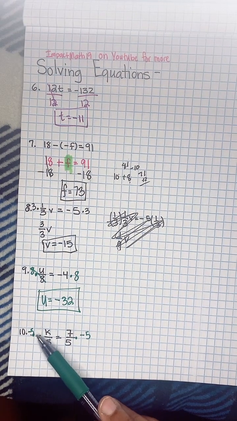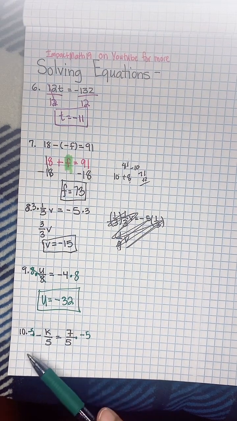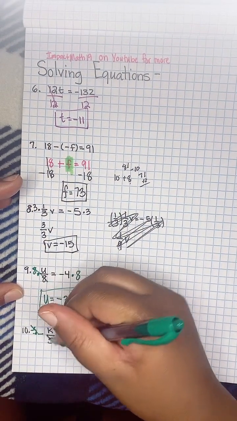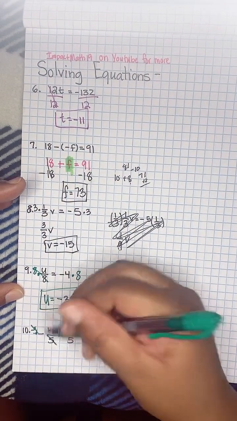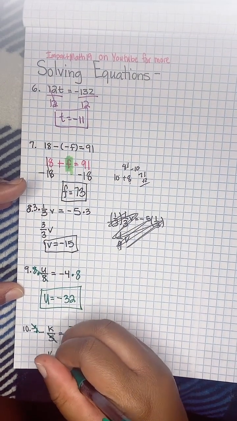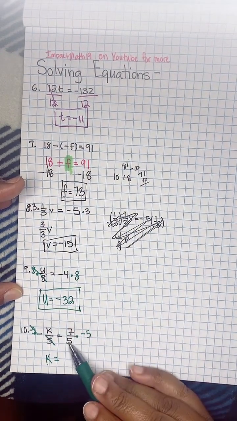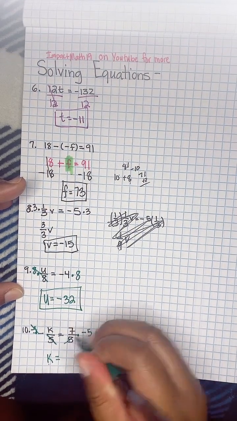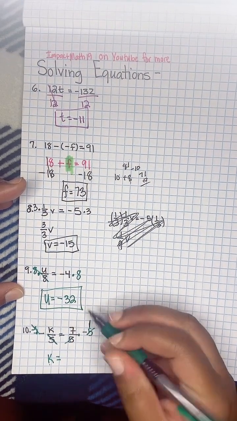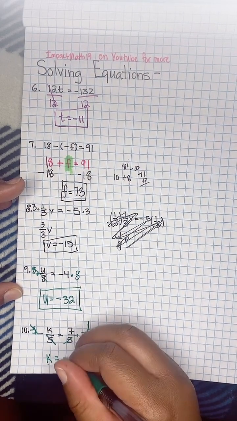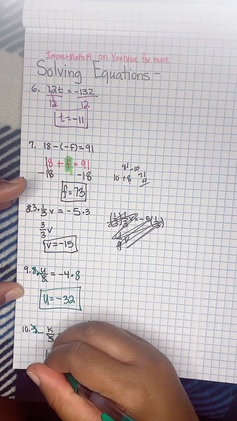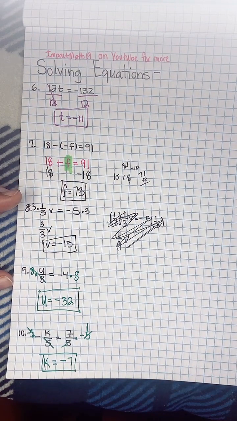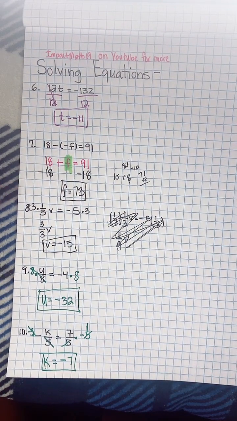I know a negative times a negative changes to a positive, and then this 5 and this 5 will cancel out because 5 divided by 5 goes to a 1. So that leaves me with K. And then again, these cancel, and I'm left with 1. And so 7 times a -1 gets me a -7, and that is our answer.